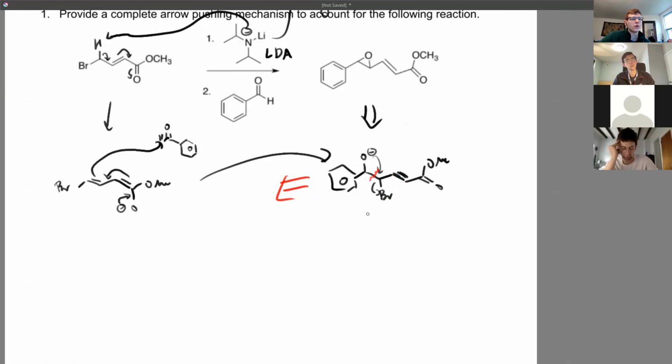And then in the forward direction, we did what is effectively a Williamson ether synthesis to make this epoxide. Although there might be a fancier name for it than that, but that's the idea.